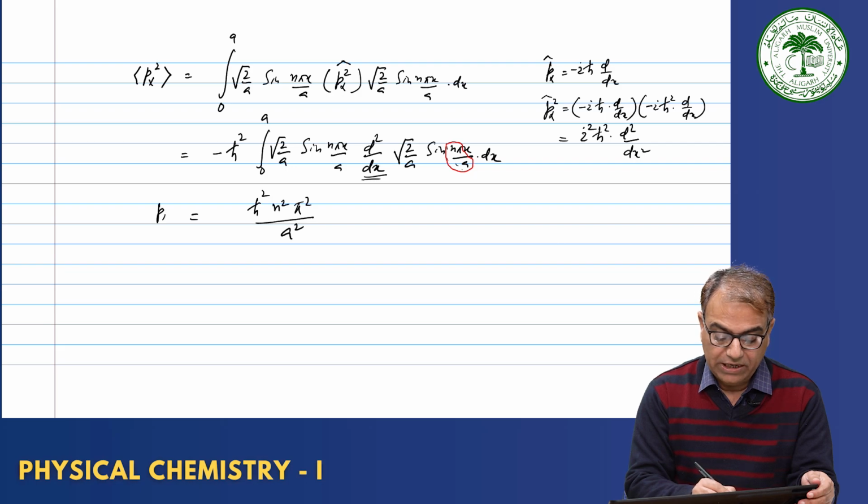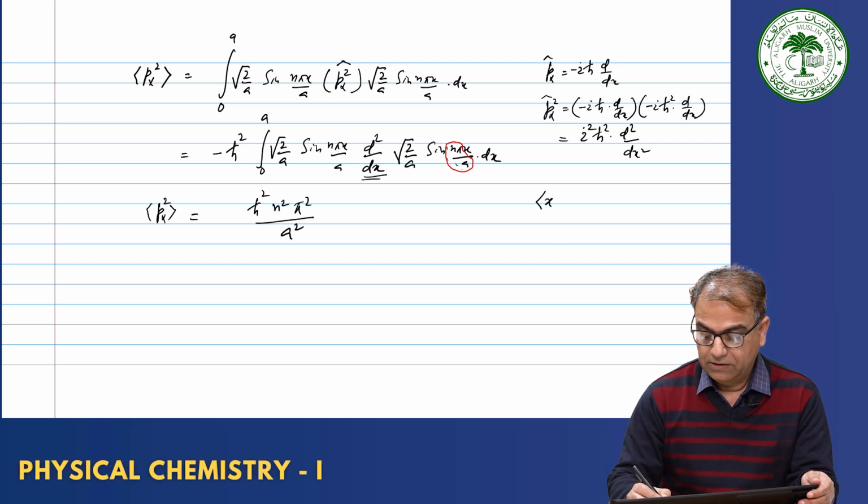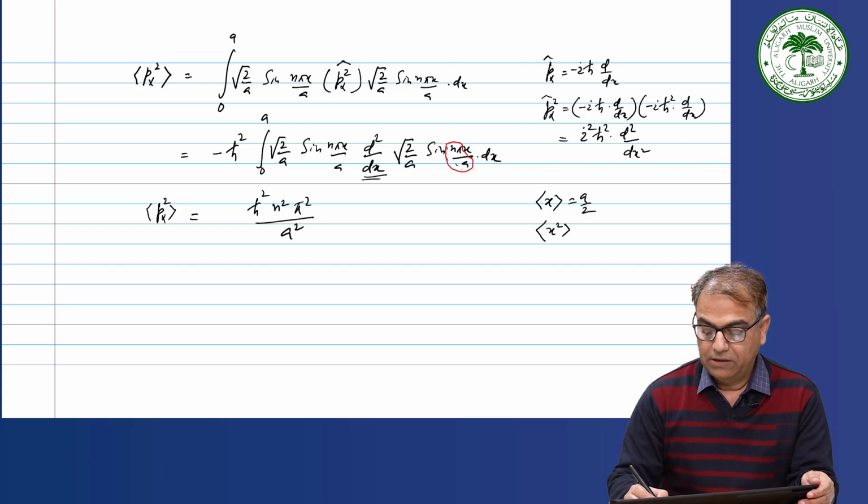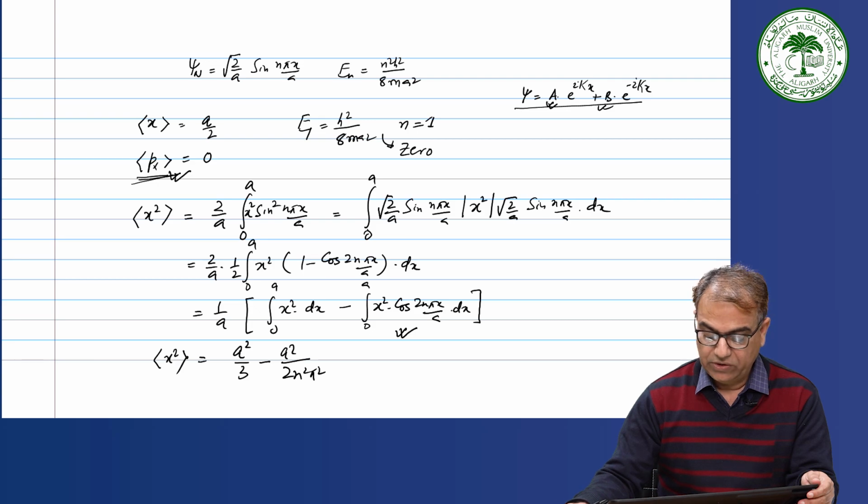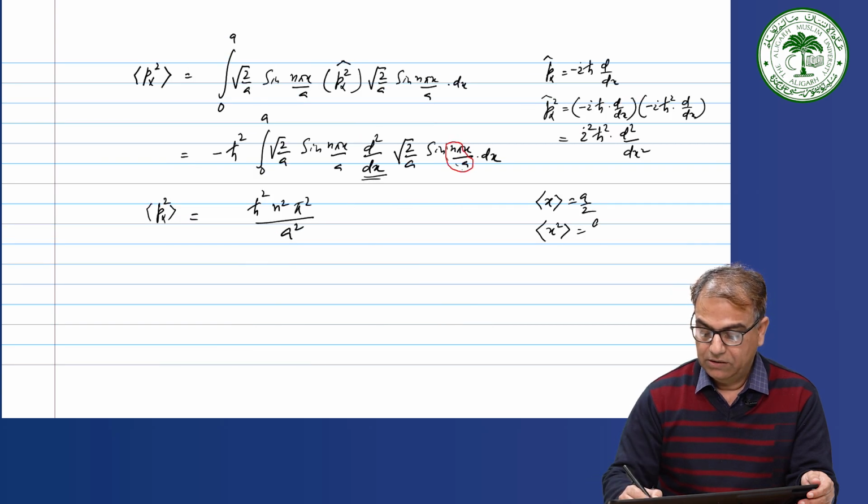So now you have all the values: x, which is a by 2, and x square, which I have just written, a square divided by 3 minus a square divided by 2 n square pi square.